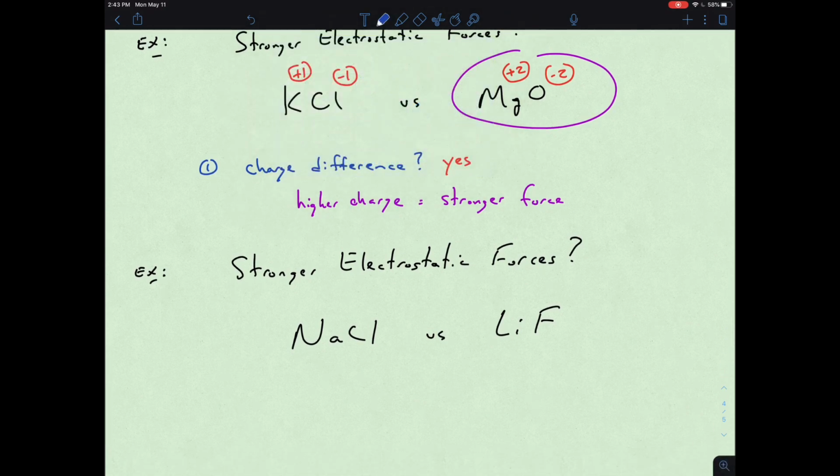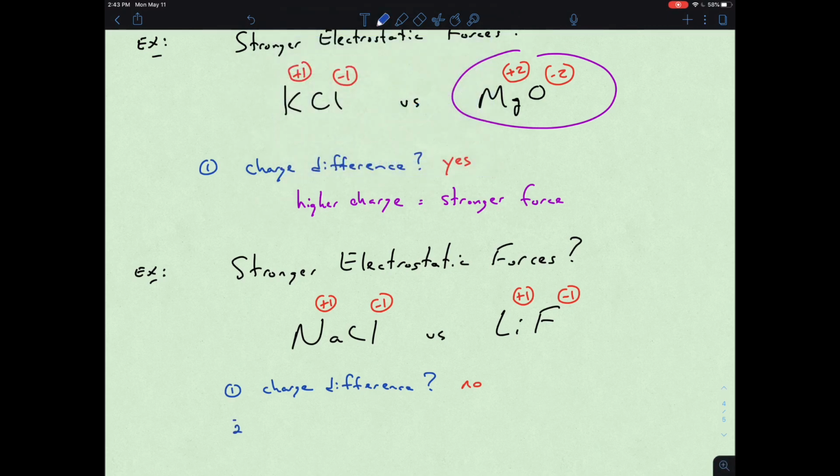And so we want to do the same thing. Is there a charge difference? In this particular case, we would say no. We have +1 and a -1 for both the metal and the non-metal.